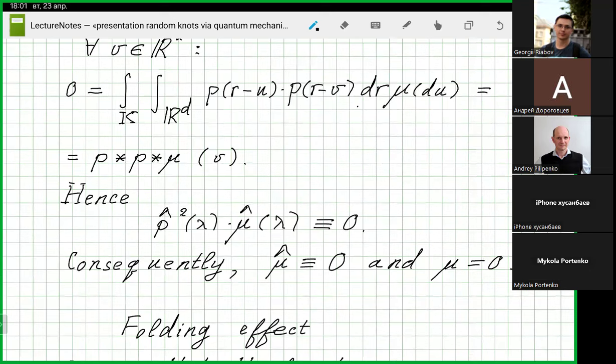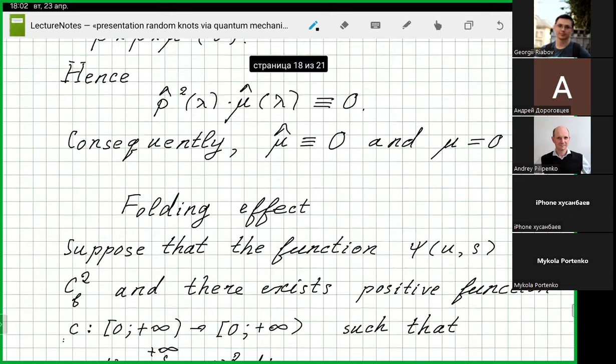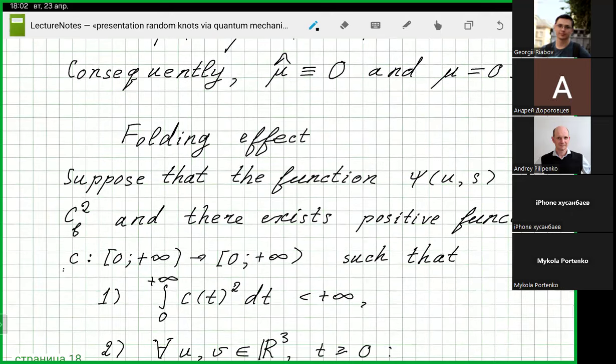This is about... so we can propose a lot of such functions when our process will have a different topological type. Let me say. Now let us say something about force.